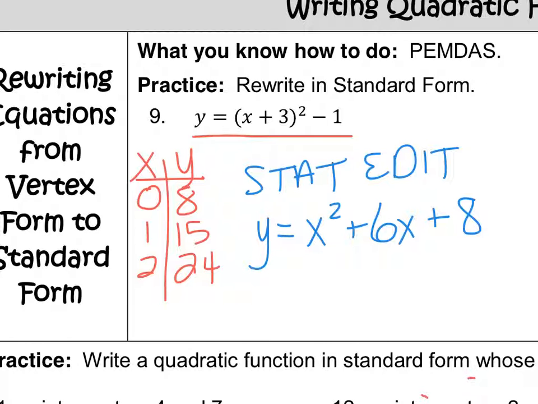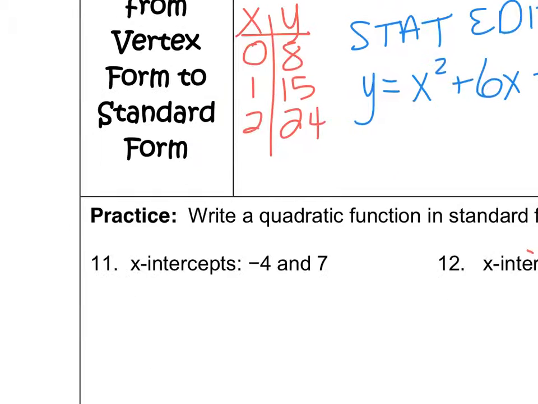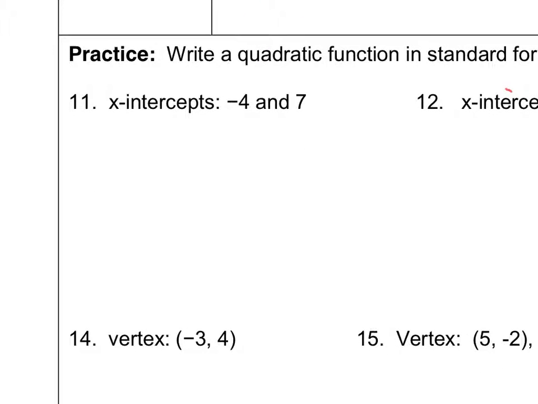Okay, so now let's look real quick at number 11. Just make sure you understand on number 11. So number 11 has given us our x-intercepts. So I'm going to draw a quick little graph, and I'm going to say, okay, my x-intercepts are at -4 and at +7.